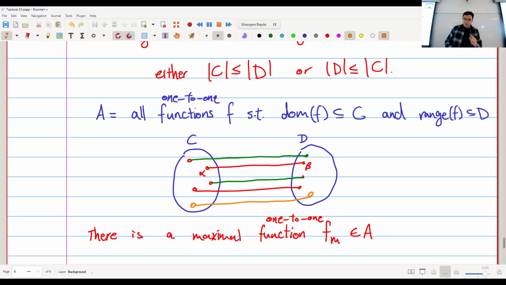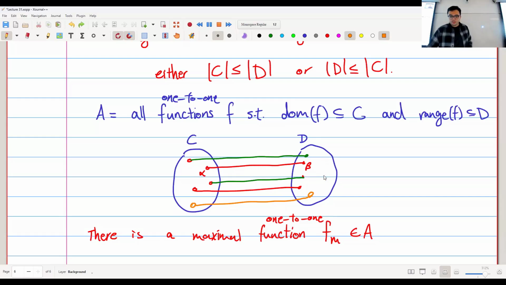So if I have a maximal function, it might be that it covers all of C, but D has a bunch of remaining vertices. Or it can be the opposite, that it covers all of D, but C has a bunch of remaining vertices. But in any case, I have a one-to-one function from one side to the other, right? If it covers all of C, but not all of D, great, I have a one-to-one function from C to D. Now, let's say it's the opposite.